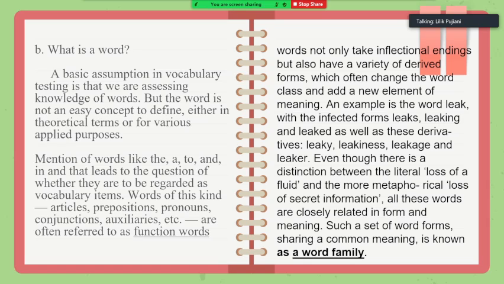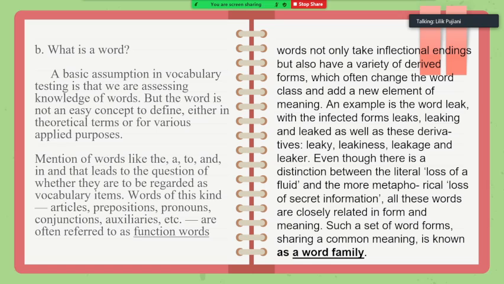Words such as the, to, and in lead to the question of whether they are to be regarded as vocabulary items. Words of this kind, articles, prepositions, pronouns, conjunctions, auxiliaries, etc., are often referred to as function words. So articles, prepositions, pronouns, and conjunctions are referred to as function words.